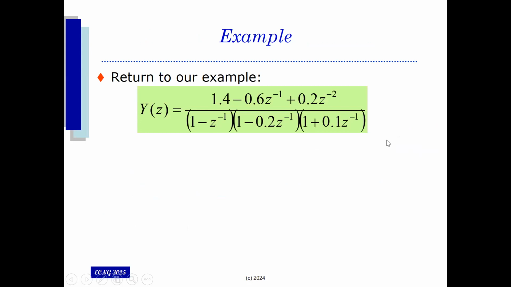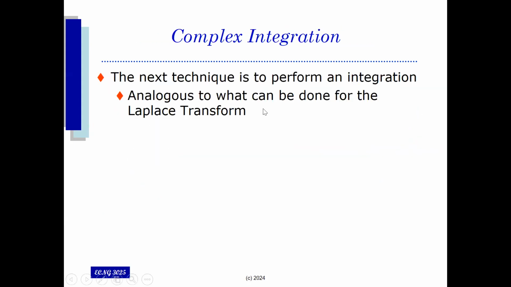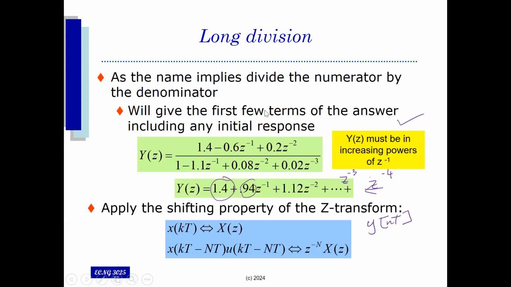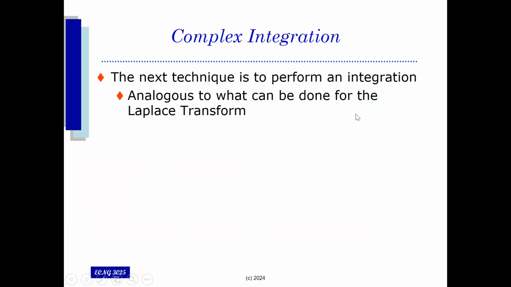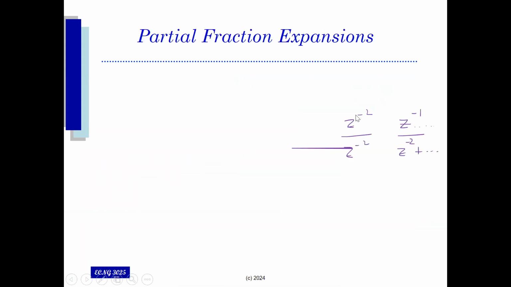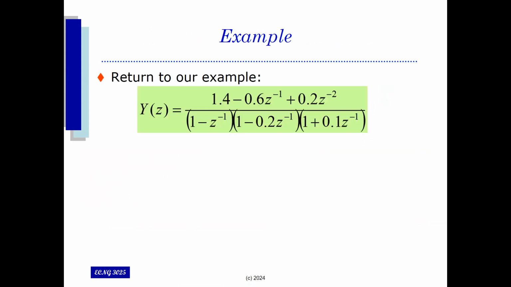Okay, so if you have an example like what we had before, let me backtrack quickly. This expression here, if you multiply it by z to the power minus 3 over z to the power minus 3, you get this. So it is in the negative indices form, and it's already factorized for you in terms of the factors.